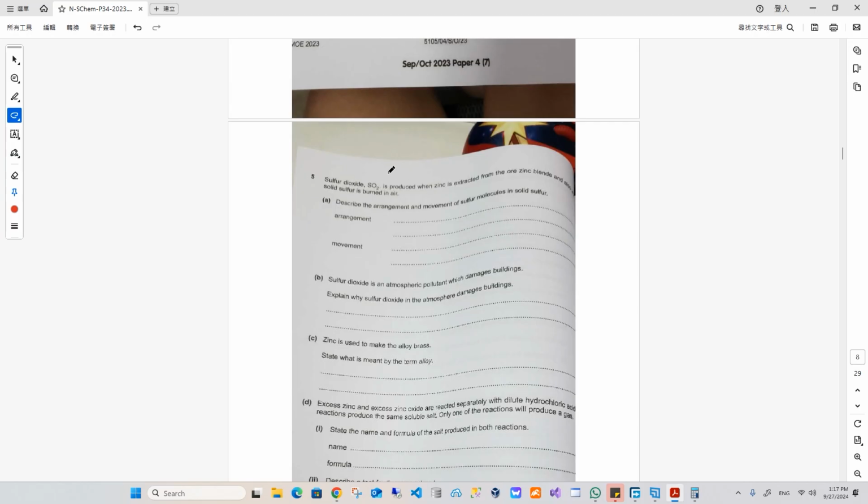Sulfur dioxide SO2 is produced when zinc blend, the ore, is reacted, and solid sulfur is burned here. Describe the arrangement and movement of sulfur molecules in solid sulfur.